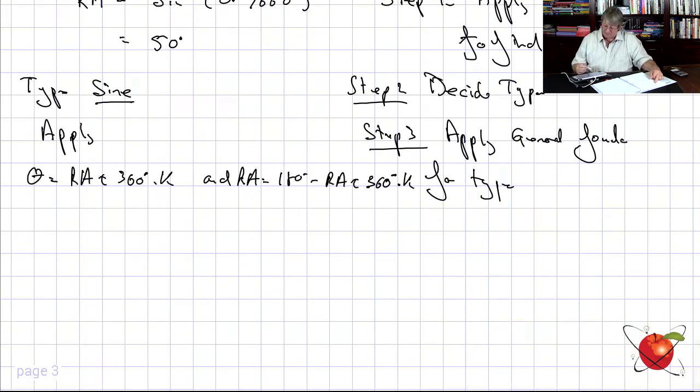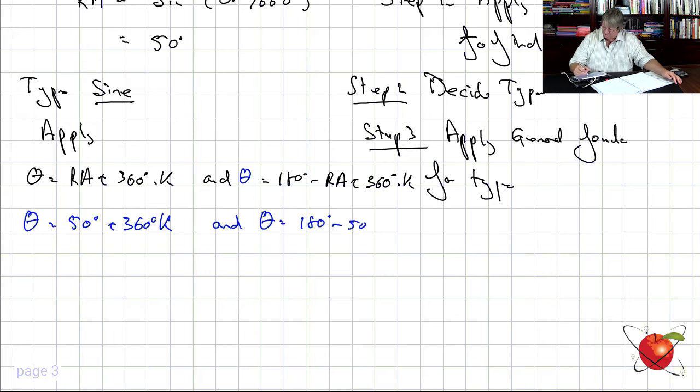Okay, let's have a go. So I can put in, therefore theta is going to be, leave it as blue, the reference angle is 50 degrees plus 360K, and theta is equal to 180 minus 50 plus 360K. Silly me, look at what I did. Trying to go too quickly.